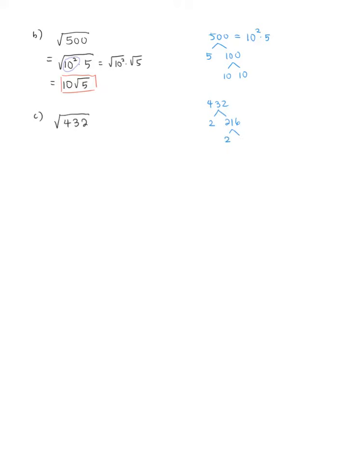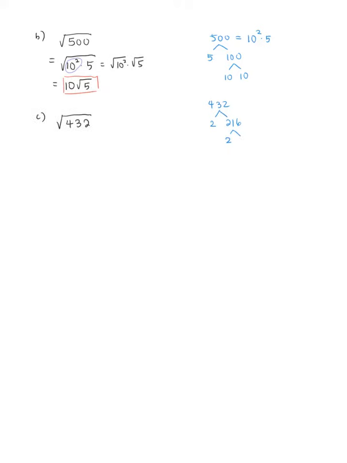So what is that? 2 times 108. All right, now 108 is still an even number, so here we go. 2 times 54. And 54 is still even, so 2 is going to go in. And 2 times what is 54? 27. And then here you're going to have 3 times 9, then 3 and a 3.